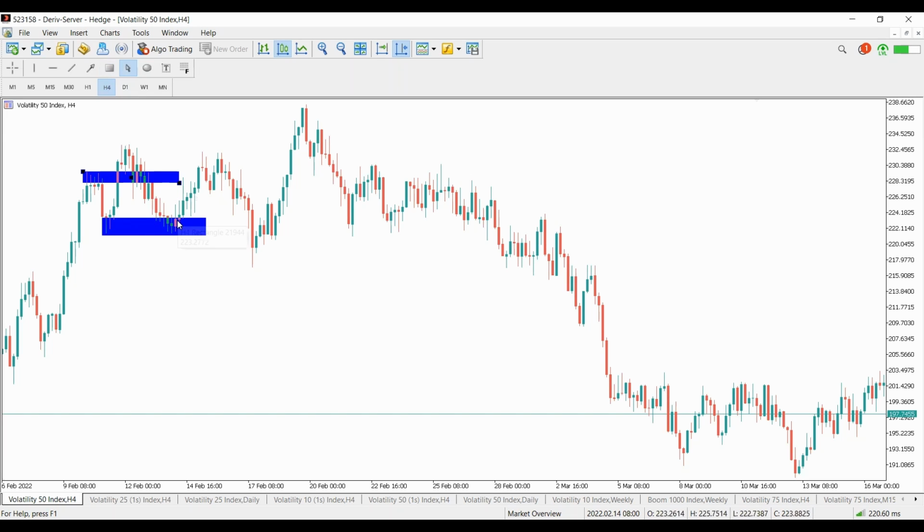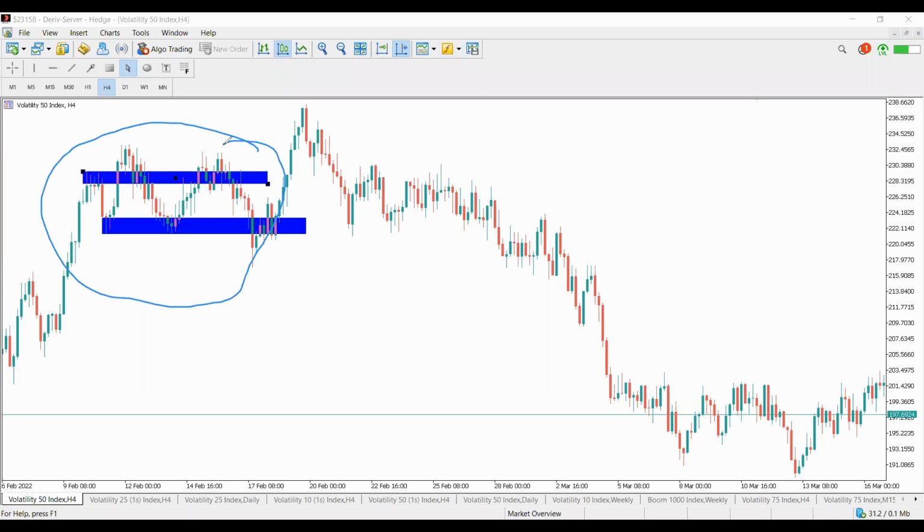When the market came here, we expected it, of course, to retest here and then break down. Now, someone will say, but it broke down. This is a false breakout, not a real breakout. We're going to look at all the characteristics of proper breakouts and false breakouts. This is a false breakout, so this is not a proper head and shoulders, right?